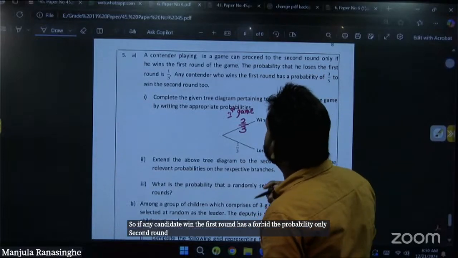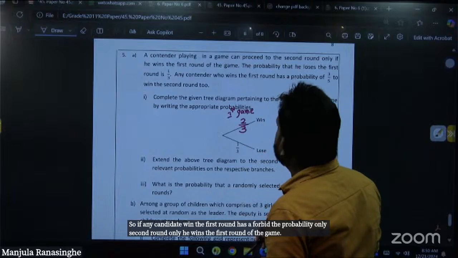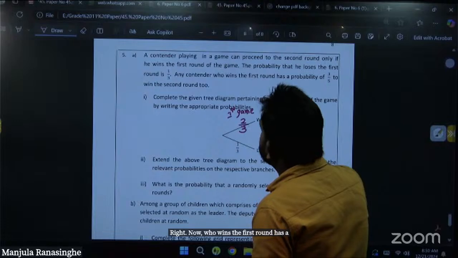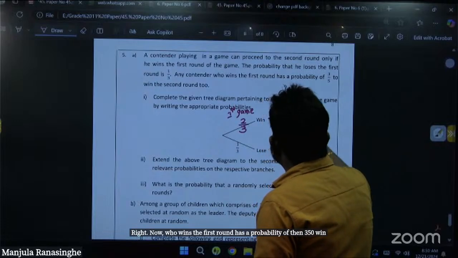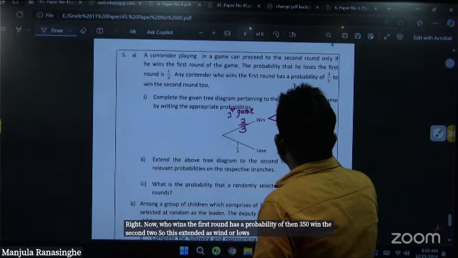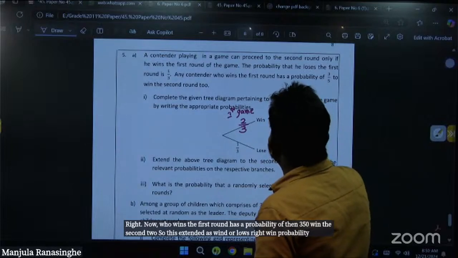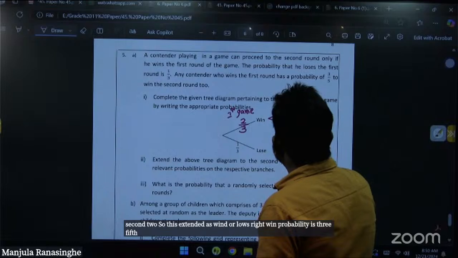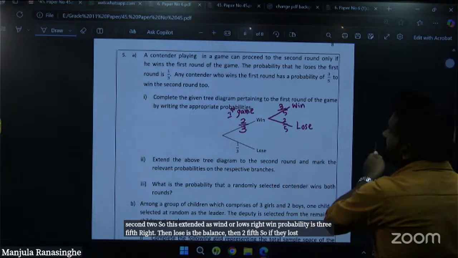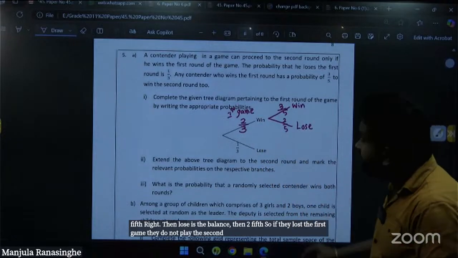Whoever wins the first round has a probability of 3/5 to win the second. So this extends as win or lose. Win probability is 3/5. Then lose is the balance, 2/5. If they lose the first game, they do not play the second, so don't extend this branch.